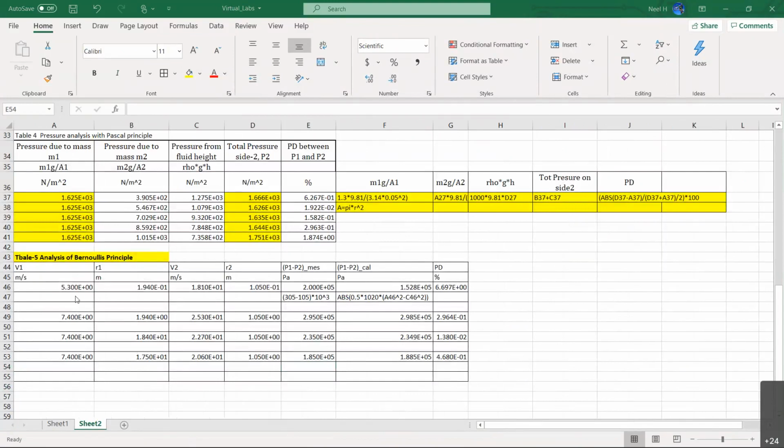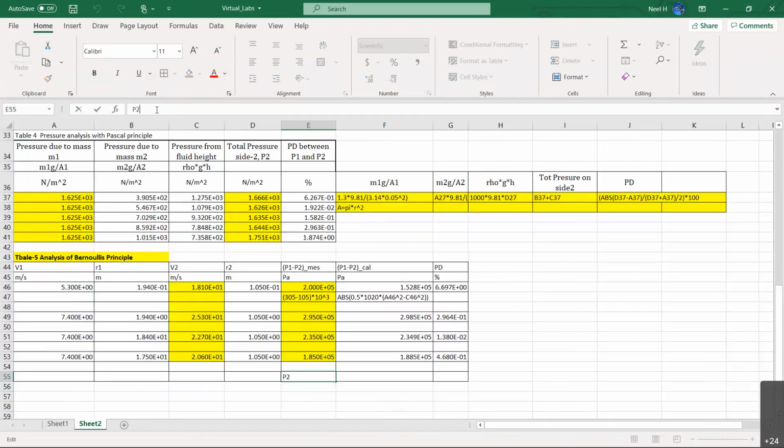You can see what I changed, right? Initially, V1 is 5.3, and then I changed that into 7.4. Then I keep that velocity, and I'm changing the radius on the input side, okay? Accordingly, what you're observing is V2. These highlighted values you extract from the simulator, and these values you have to observe from the simulator accordingly, right? Particularly what you're observing is P2. P2 you have to observe from the simulator, okay?